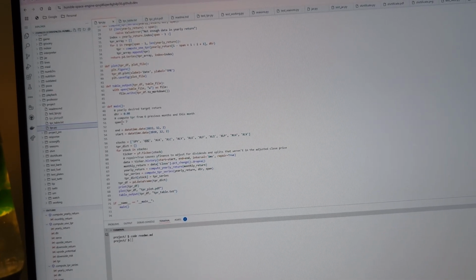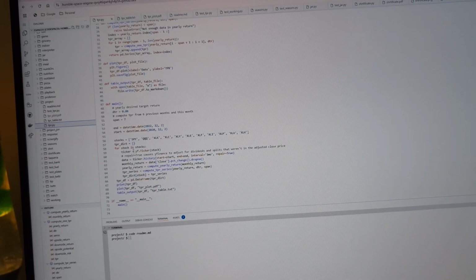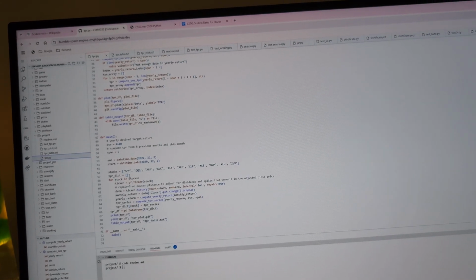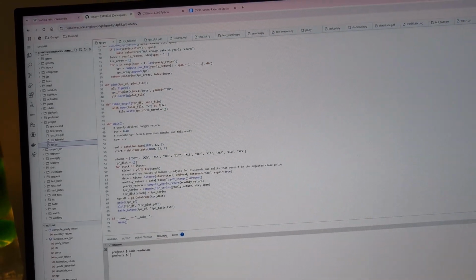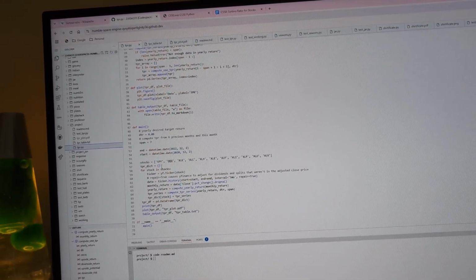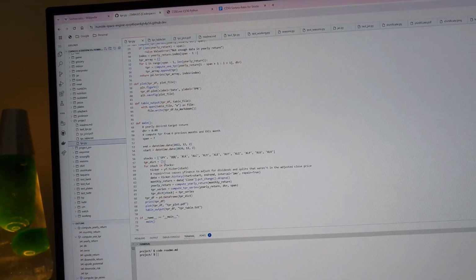And then the span is something that I used for this program to determine how many data points I'm going to use to compute this ratio, how many months of data are used to compute the Sortino ratio.